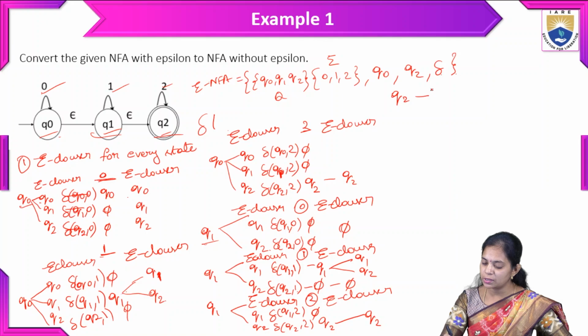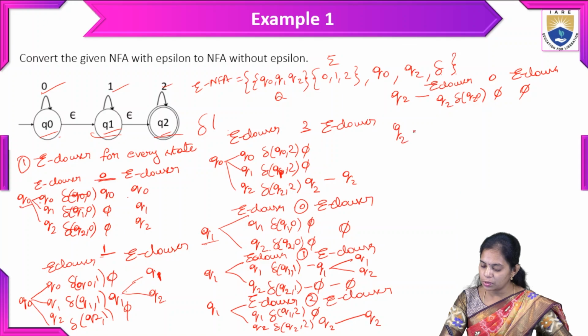So Q2 has the epsilon closure, and we take the 0 input. For Q2 it has only one state, and transition of Q2 comma 0 is nothing, phi, and the closure of phi is phi.